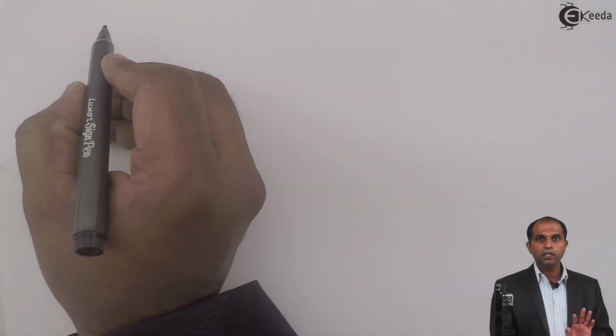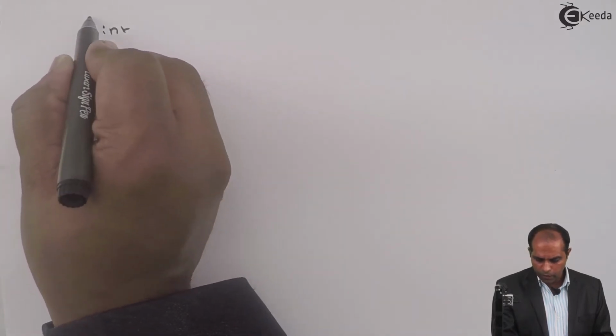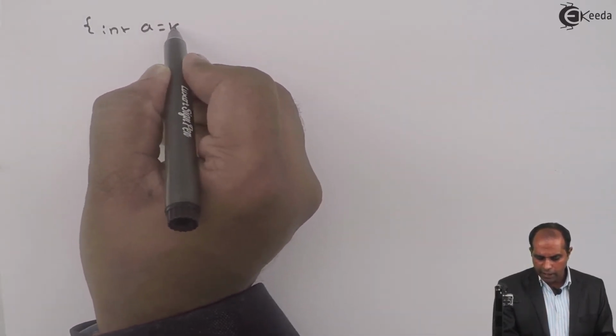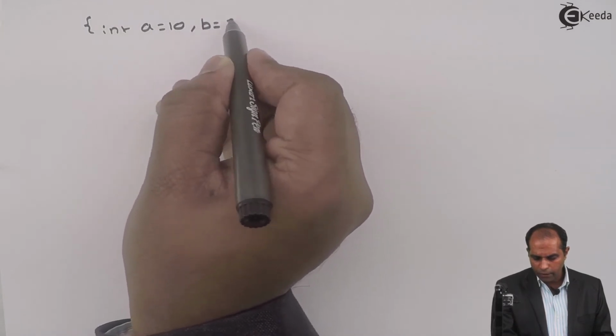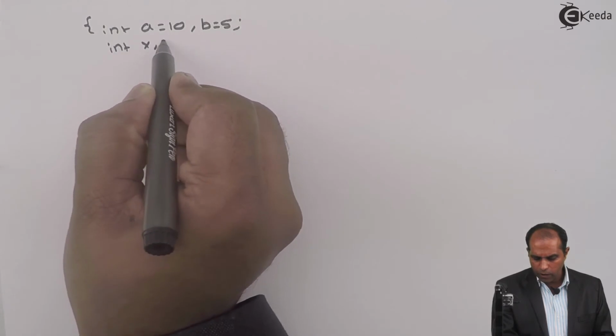Suppose I put these examples into a programming format, let me use simple variables at this place. I'll say int a as say 10, b as say 5. Let me take only 2 variables, x, y.